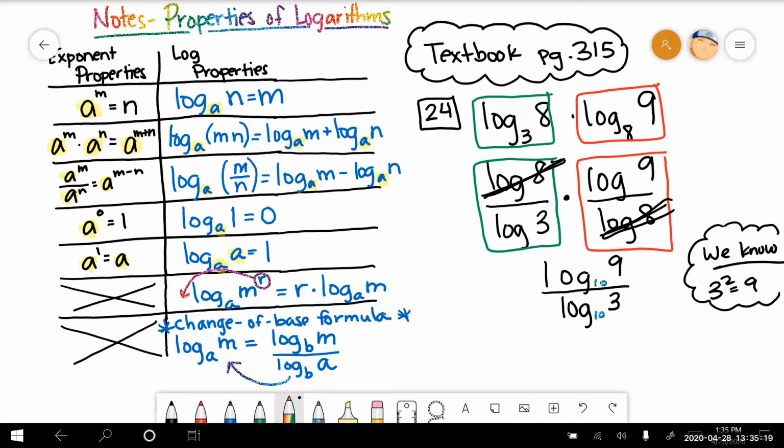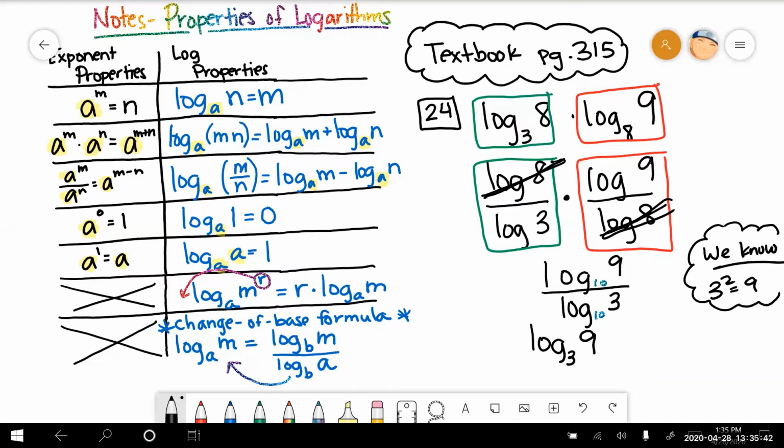And notice that m is the 9, and a is represented by 3 in this expression. So now our base a is a 3, and our m is a 9.